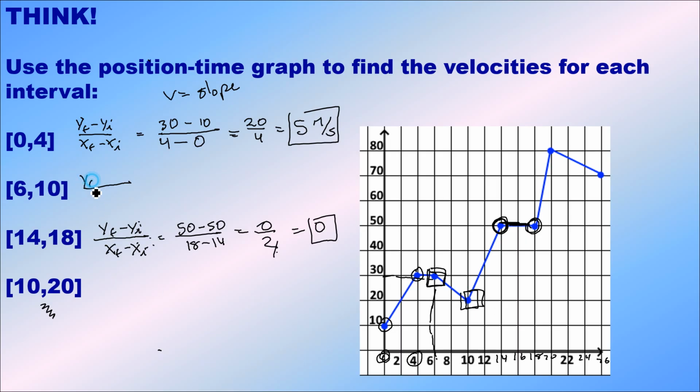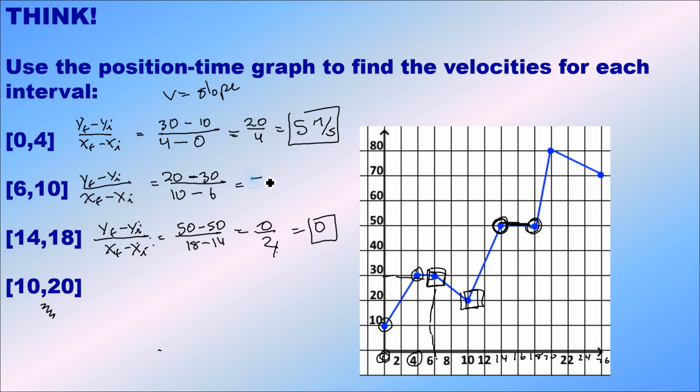So again, y final minus y initial, over x final minus x initial. And then we ended up at 20. So 20 is the first number. So don't assume the biggest number is always first. We started at 30. So 30 is right here. And then our x final, that would be our 10, minus our 6.